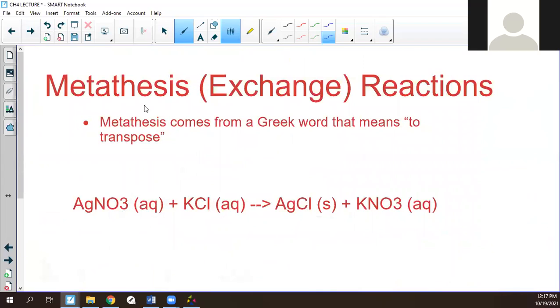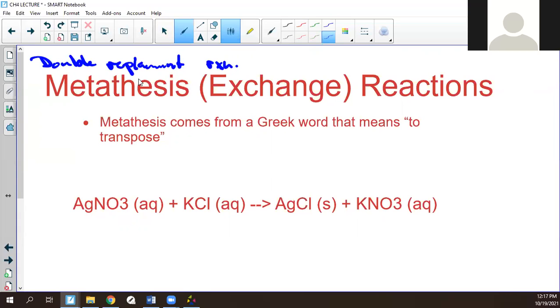All right, metathesis reactions, or I call them double replacement reactions. Now, we've been doing these. I've talked about them a few times, but I haven't exactly described them.